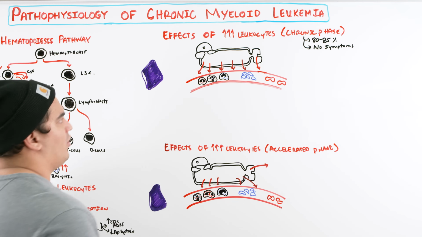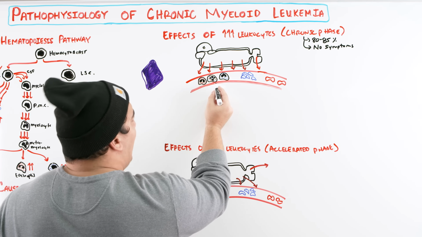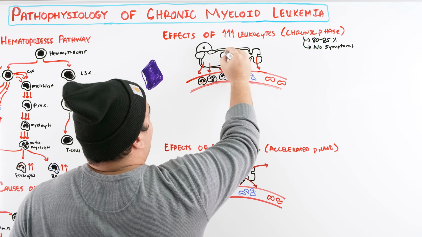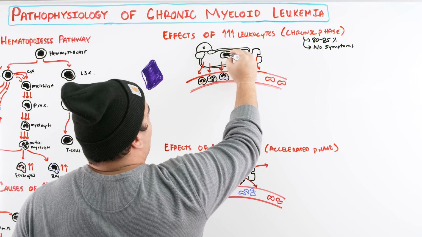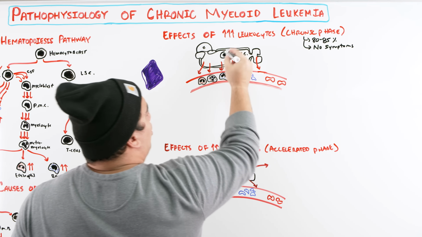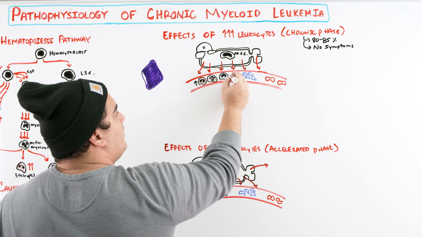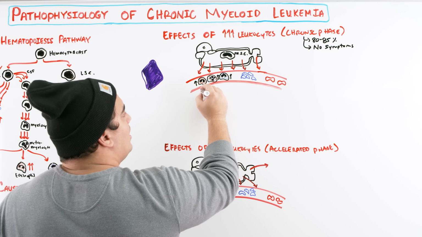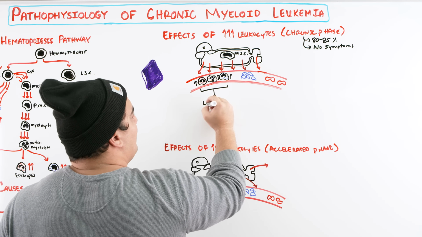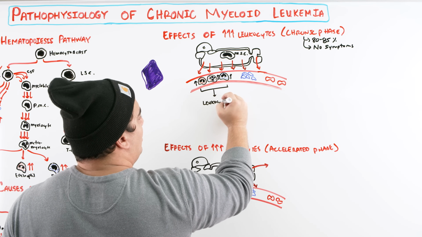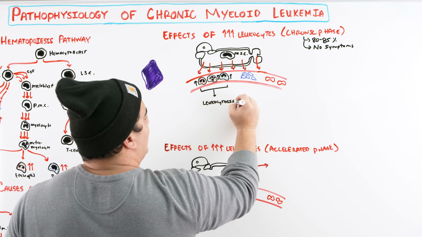What are those symptoms? We know one of the problems here is that the myeloid stem cell is just proliferating and producing tons of neutrophils, eosinophils, and basophils. So one of the downstream effects is that if you were to get a CBC of the patient, you would have a massive leukocytosis.